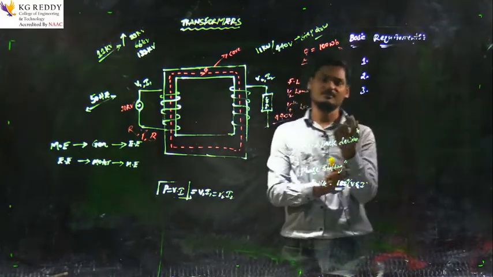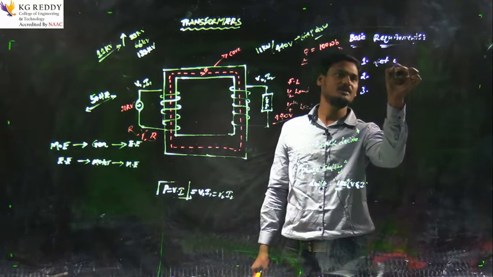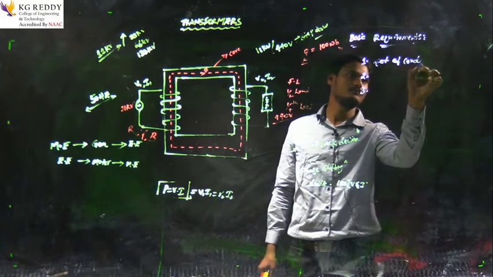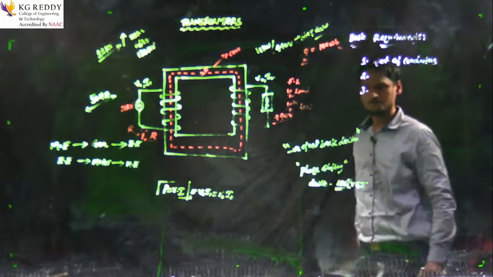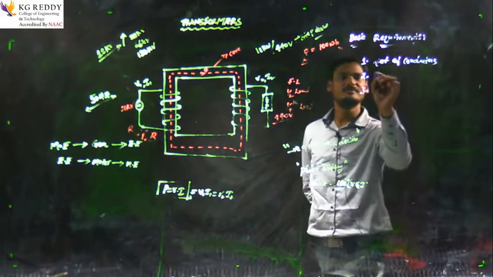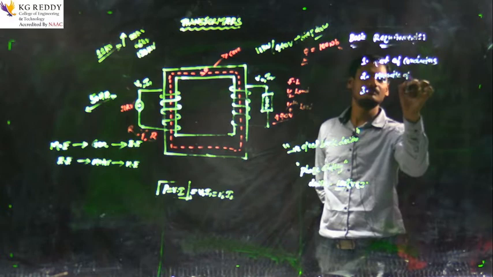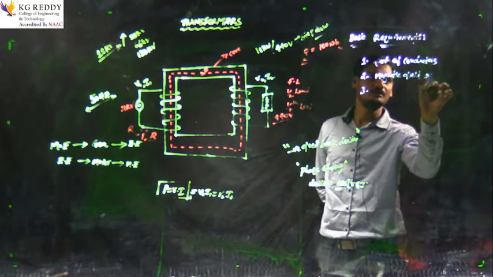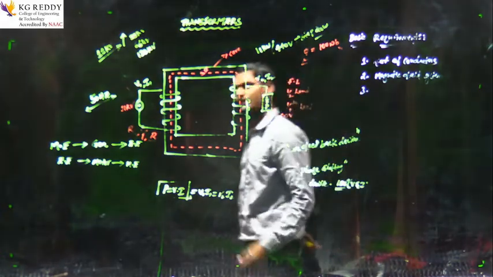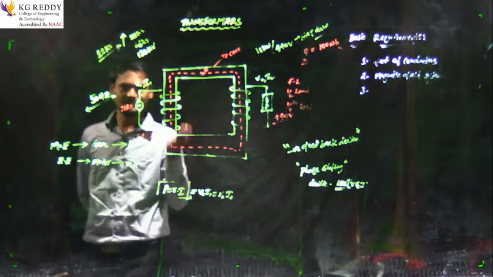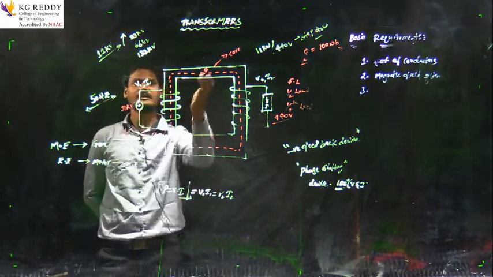Exactly, yes, basic things only. The first one is a set of conductors. The second one is a magnetic field system. What is the third one? Here, on the board, you can observe there is a winding and there is a magnetic flux.